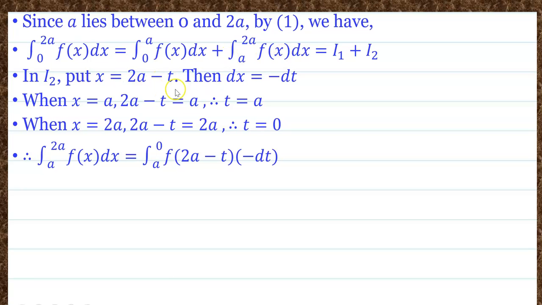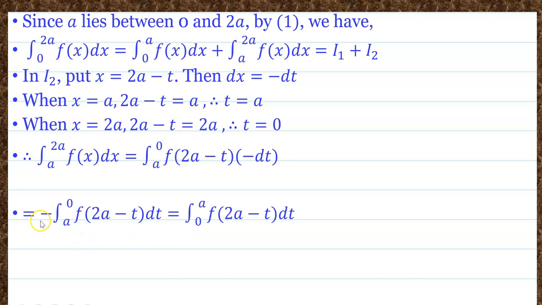This x is replaced by 2a minus t, and dx is replaced by minus dt. Now this minus sign we will take ahead and change the limits, absorbing the negative sign. So minus integral a to 0 f of 2a minus t dt, and since we absorbed the negative sign, the limits change: integral 0 to a f of 2a minus t dt.